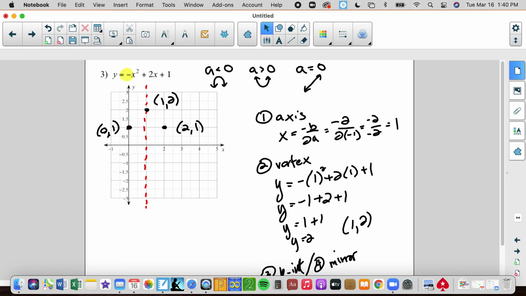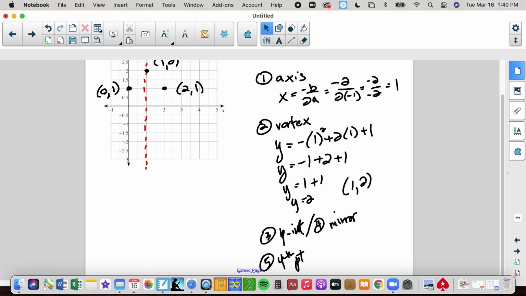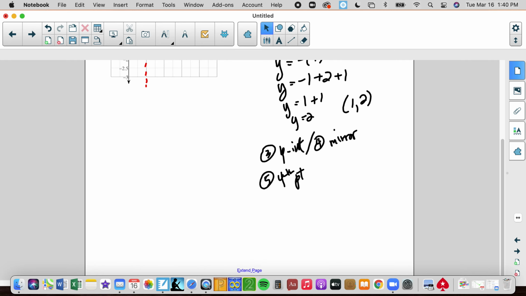Let's pick another value. We've already used 0 for x, we've already used 1, and we've already used 2. The next easiest one would probably be either -1 or 3. So I'm going to choose 3 and plug 3 into that equation.